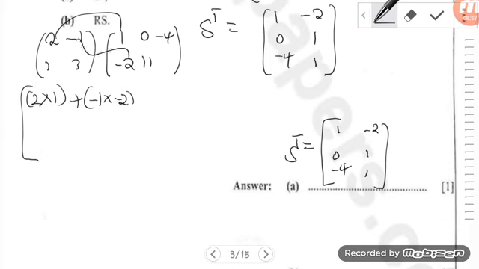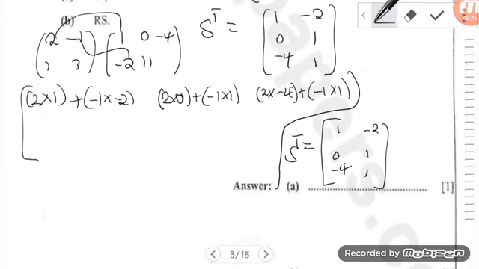Then we leave space, saying 2 times 0 plus negative 1 times 1. Same order, we leave space, 2 times negative 4 plus negative 1 times 1. And you can close, sorry, there's no space.